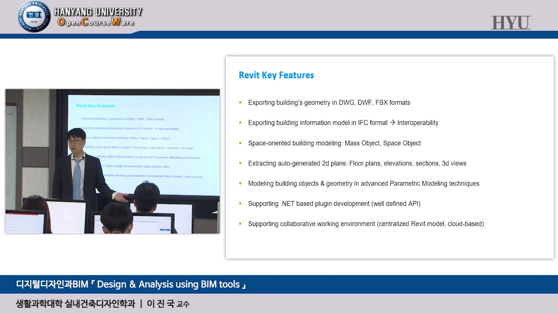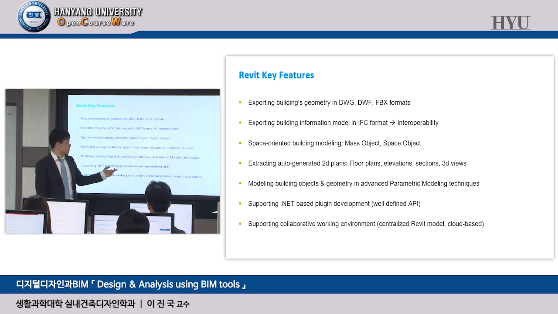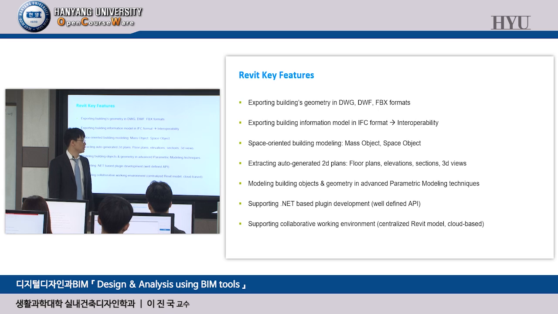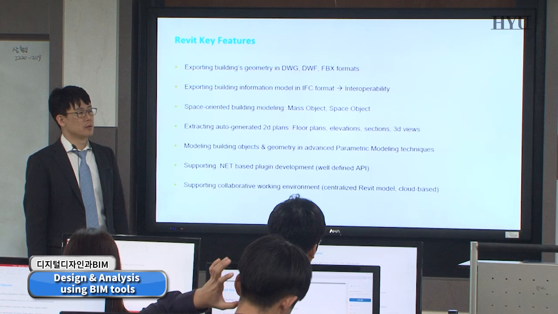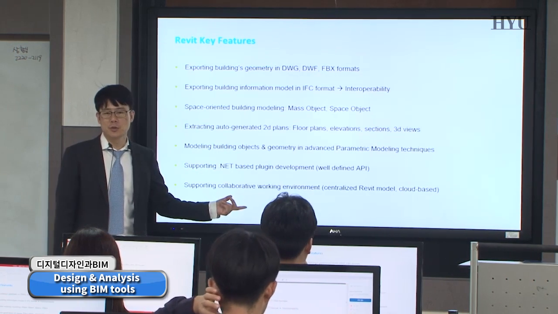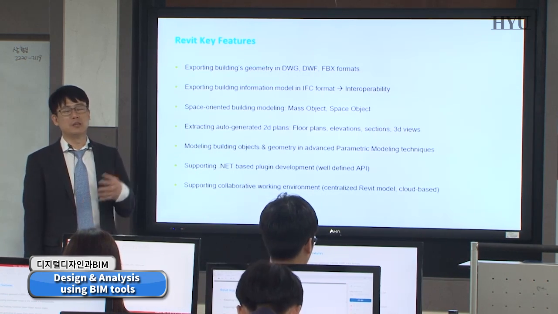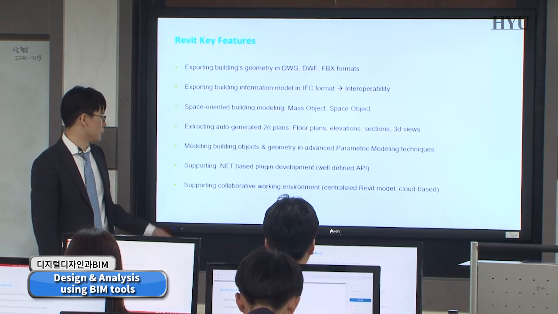Without walls, you cannot install windows, okay? That's one single parametric approach. You already know. Supporting .NET plugin development. If you are interested in developing or some computer programming, your Revit, your BIM tools are going to be really, really enriched based upon your third-party development, okay?